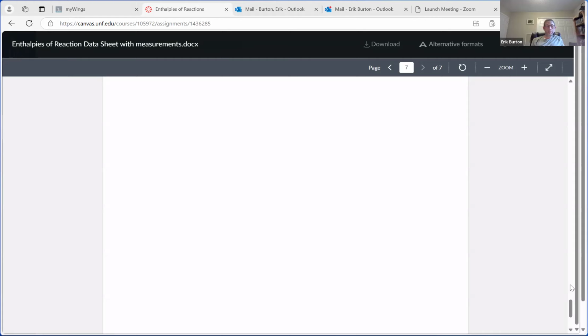We don't know delta T, but delta T is equal to T final minus T initial. We don't know T final yet, but we can write T final minus 7.9 degrees C, which was the T initial for the copper.